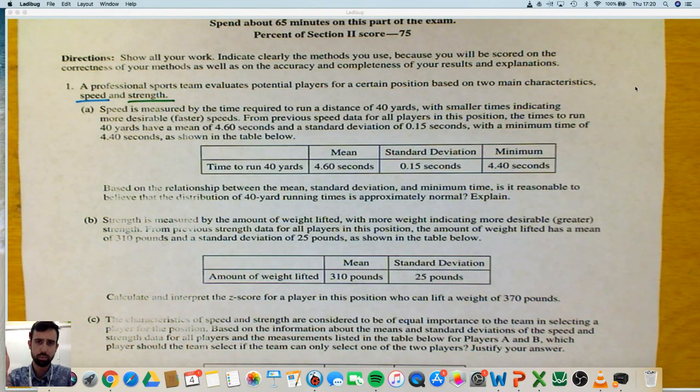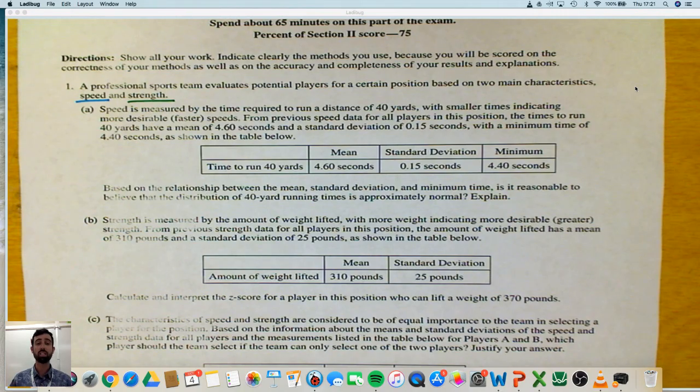From previous speed data for all players in this position, the times to run 40 yards have an average of 4.6 seconds and a standard deviation of 0.5 seconds, with a minimum time of 4.4 seconds, shown on the table below. Based on the relationship between the mean and the standard deviation and the minimum time, is it reasonable to believe that the data is approximately normal?